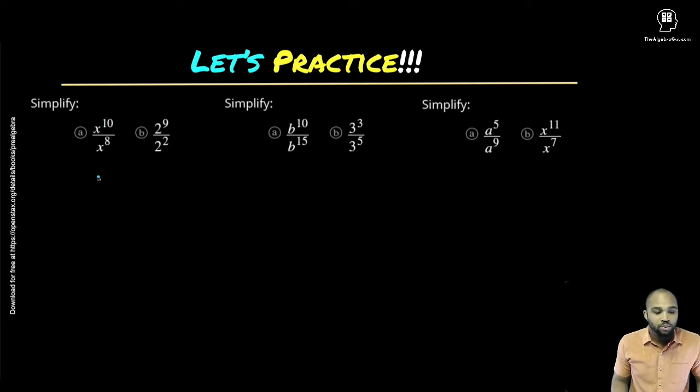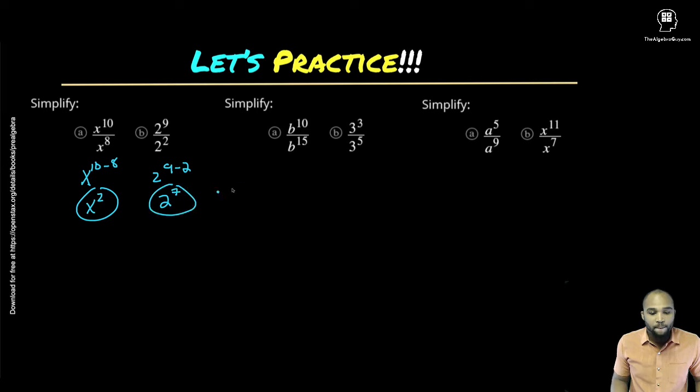So this is going to be the same thing as saying x to the 10th power minus 8, because we're going to subtract the exponents, 10 minus 8, which is going to give us x squared. Here, the same thing, 2 to the 9th over 2 squared is 2 to the 9 minus 2, which is 2 to the 7th. In this situation, we have the denominator has a larger exponent.